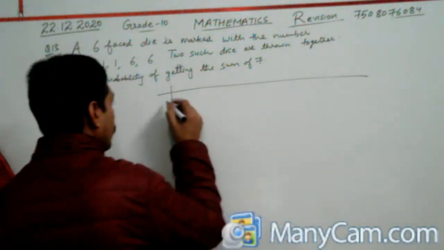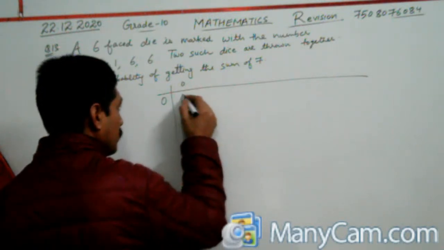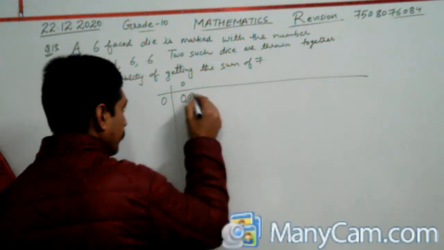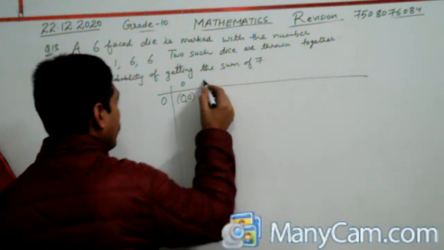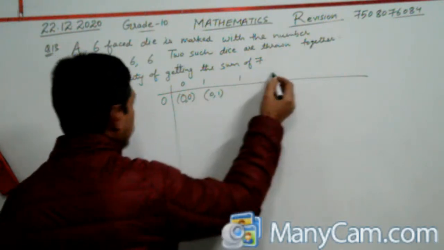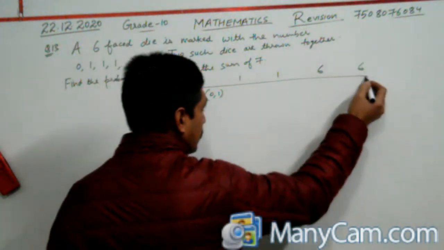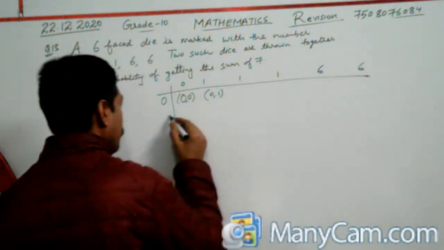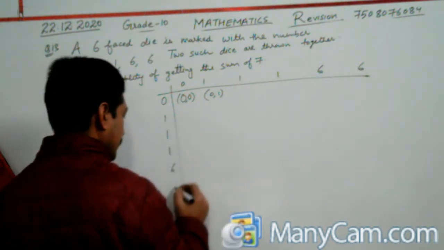Right? One is having 0, so here 0 0 can come, 0 1 because here we have 1 1 1, 6 6, same 0 1 1 1 6 6.